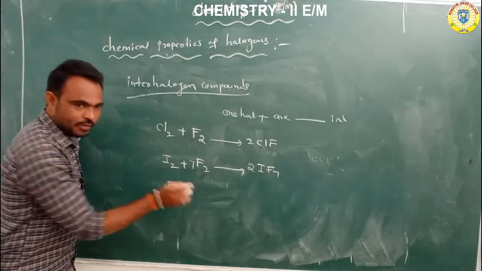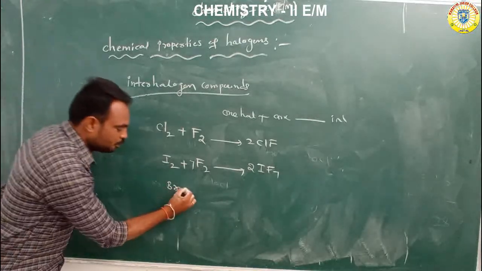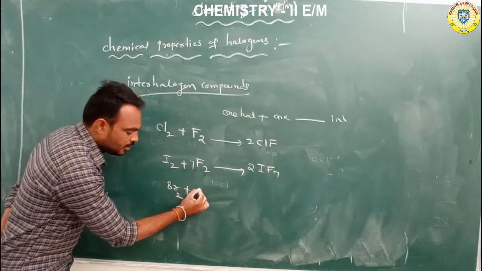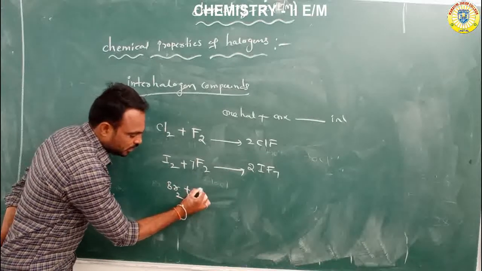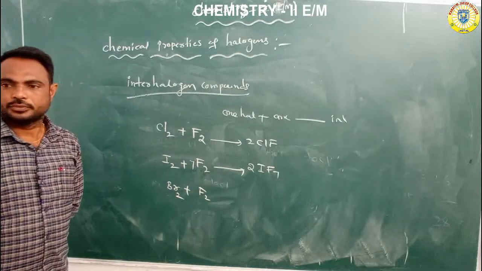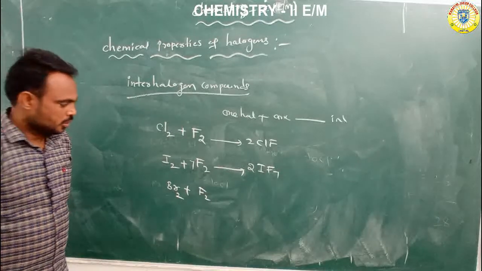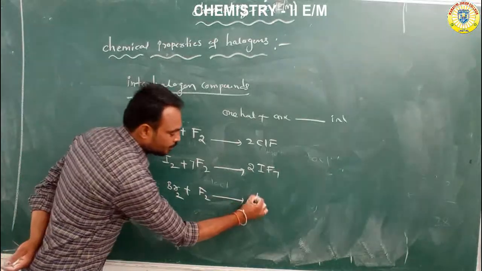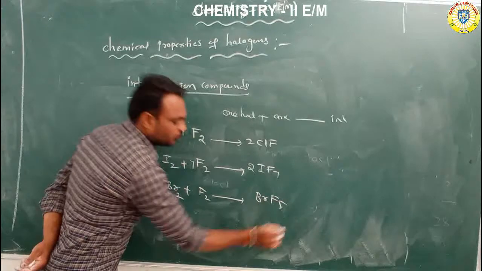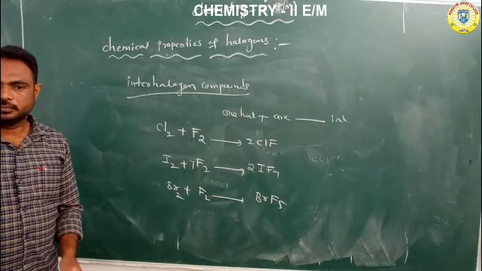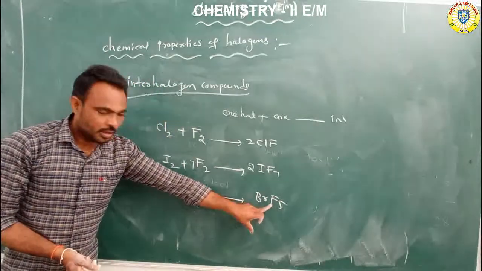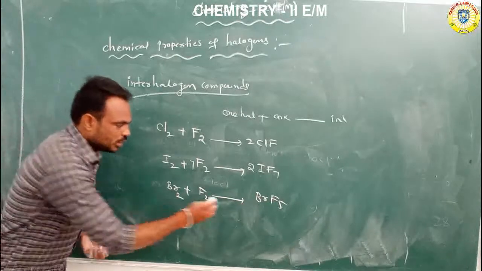Bromine is also one halogen. This bromine reacts with another halogen, suppose F2, fluorine, to form BrF5. So what is the reaction?